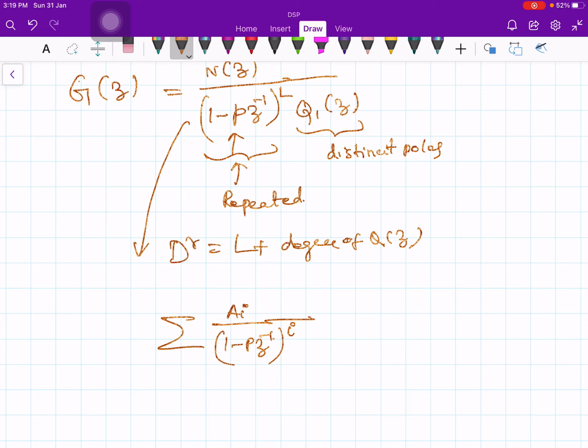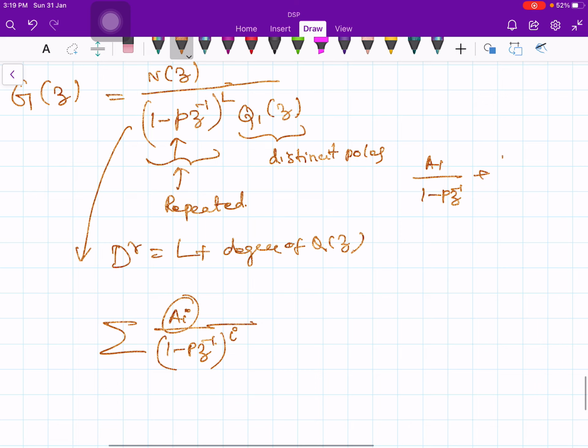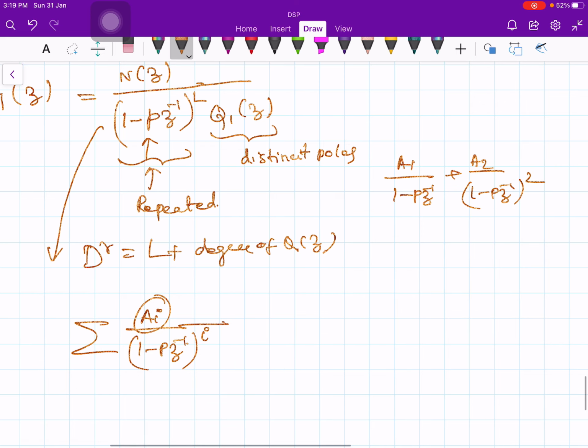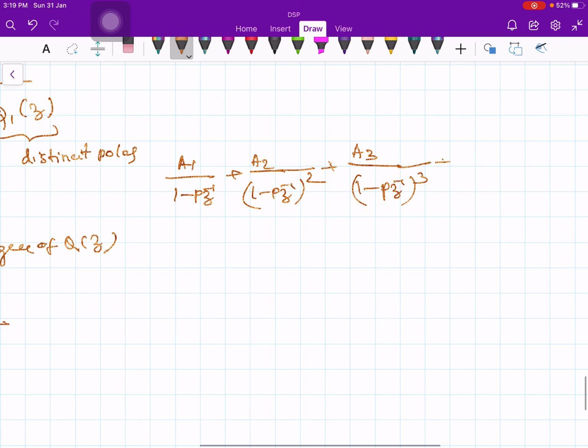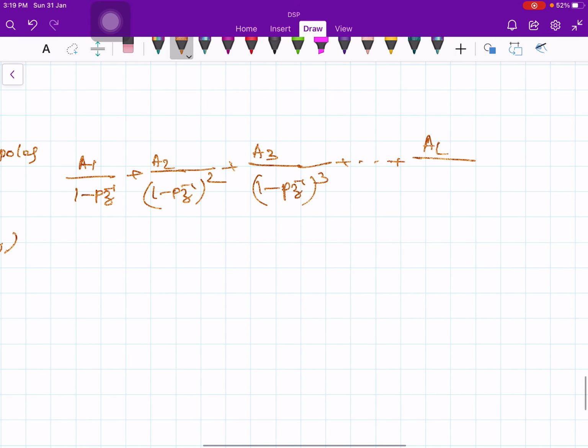So for the first order pole I have one constant, for the second order repeated pole I have another constant, like a1 divided by 1 minus p z to the power minus 1, plus a2 divided by 1 minus p times z inverse whole squared, plus a3 divided by 1 minus p times z inverse whole cube, plus dot dot dot plus a suffix l divided by 1 minus p z inverse whole to the l.